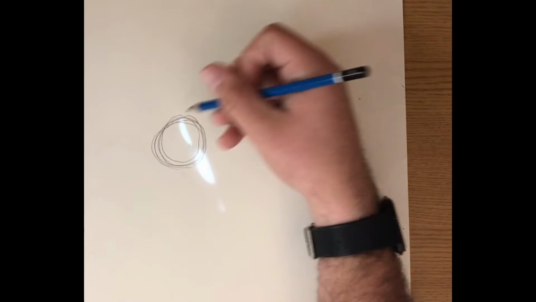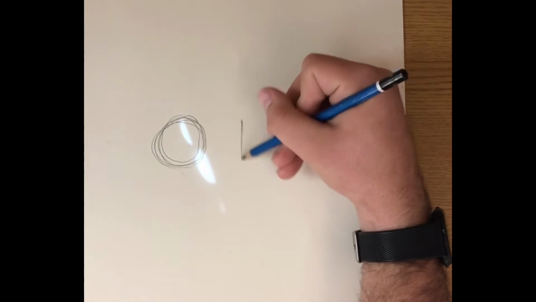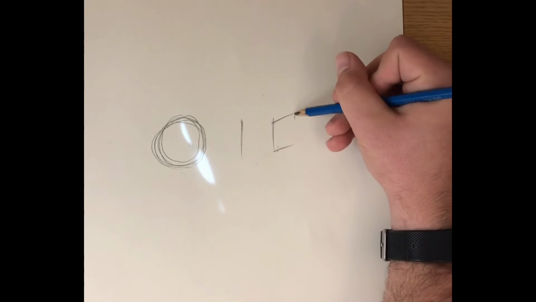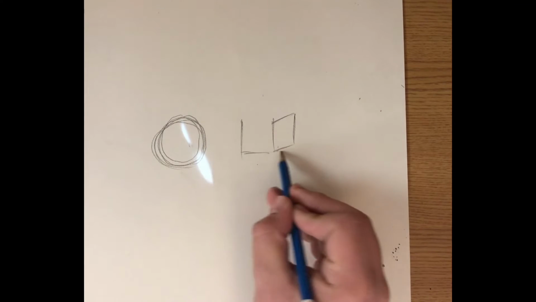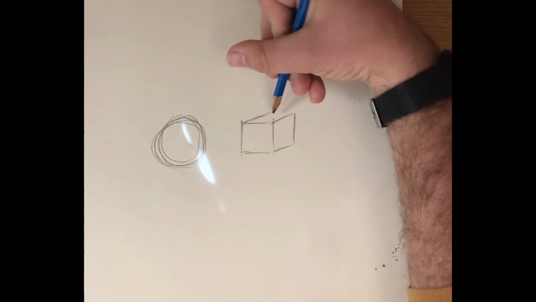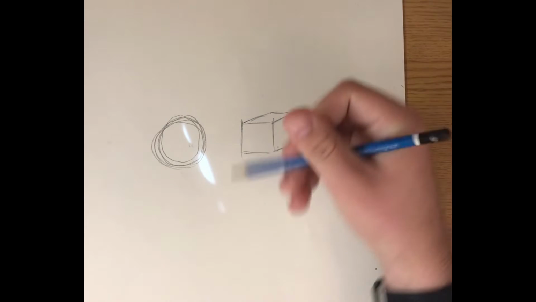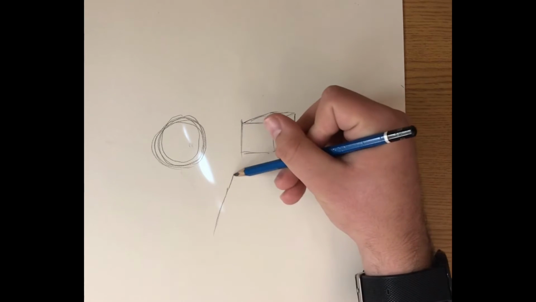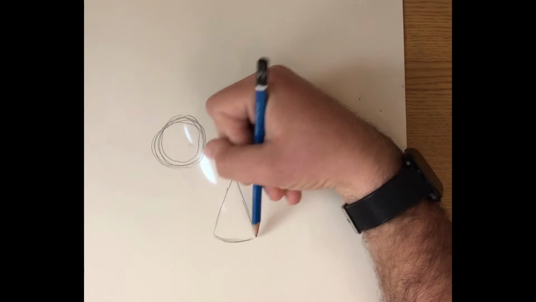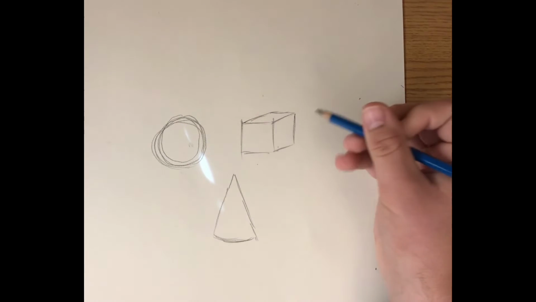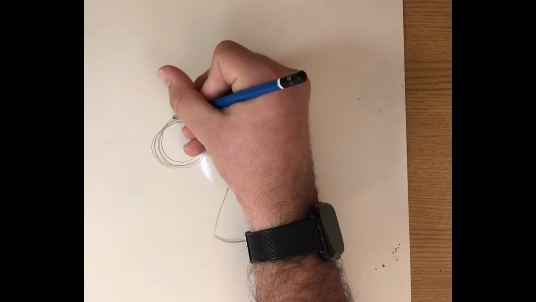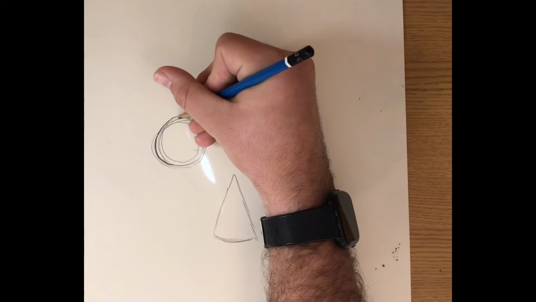I'll loosely shade that in, and then I'll also create a square or a rectangle. And then we will also do a cone. With these, you have a little bit of three-dimensionality, but you can do different things with these shapes to make them look more three-dimensional.